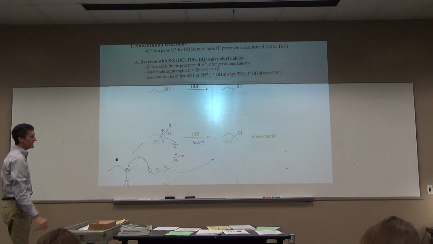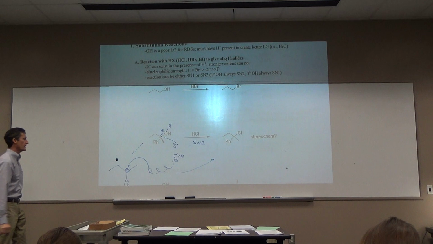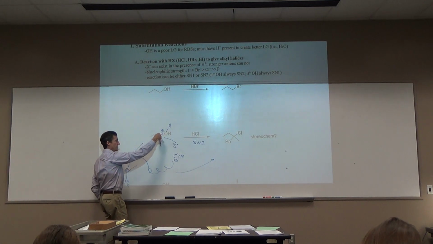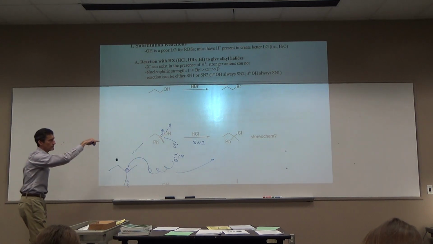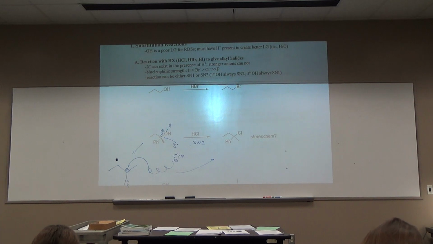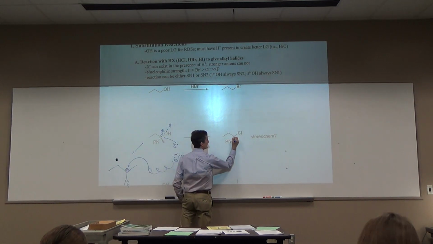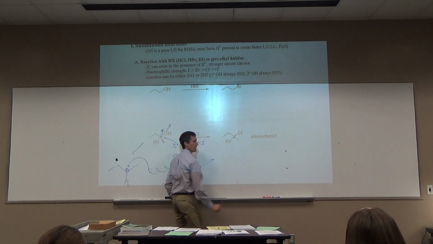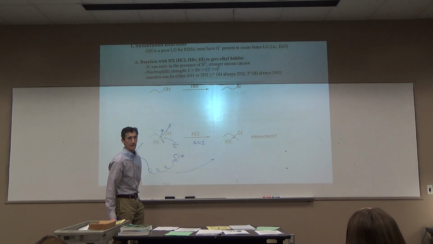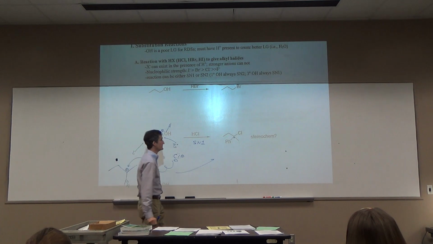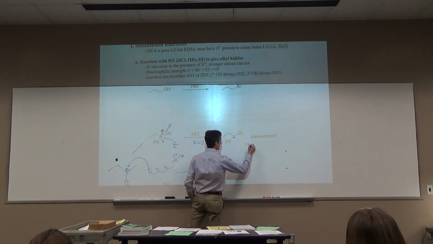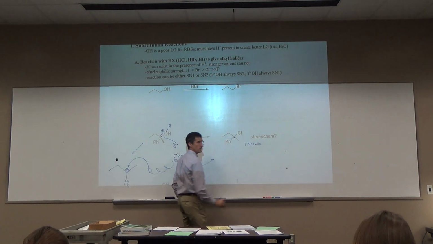There's your product. What type of stereochemistry do you expect in the product? I started with a chiral starting material. What do we expect over there? Because we have a chiral carbon here, right? It's going to be R or S. Be racemic, right? Both.